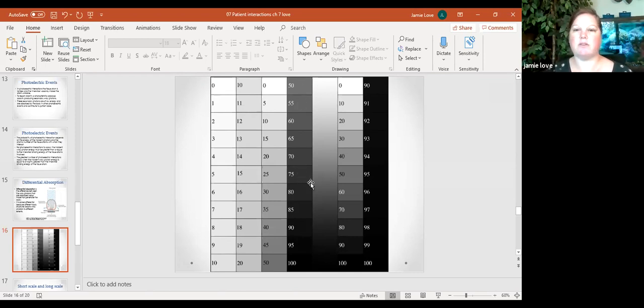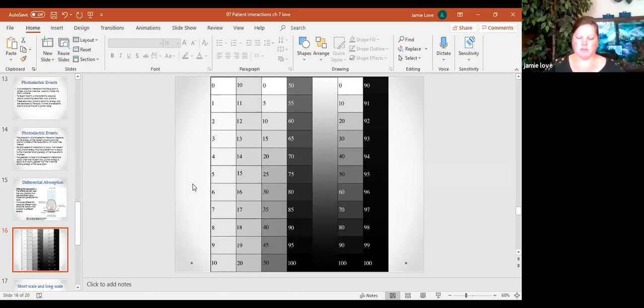Those get super confusing. So long scale, lots of different shades of gray that are kind of similar. Short scale, big differences between them. High contrast, we can see the differences easier. The term contrast in the book, I don't know if it's in this chapter.